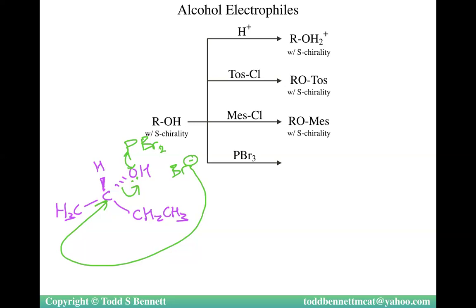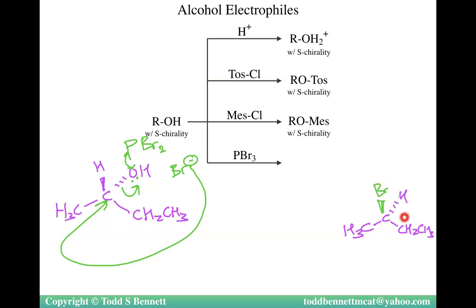So now we're going to have the same structure as before as far as the skeleton goes. Let me try to be a little more careful getting this to fit in. This H is now going to be in back, and your Br is in front.